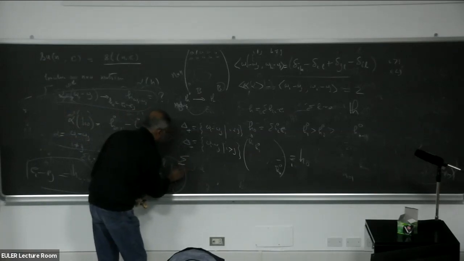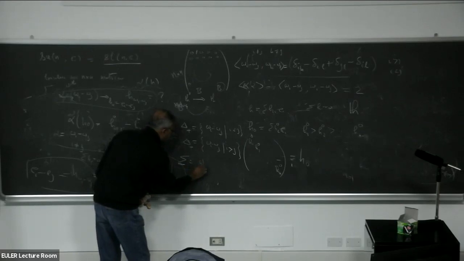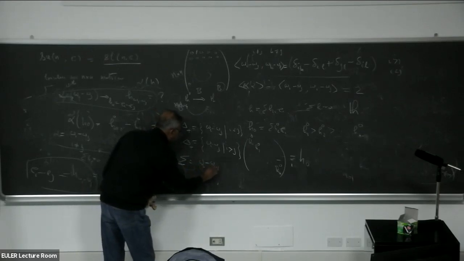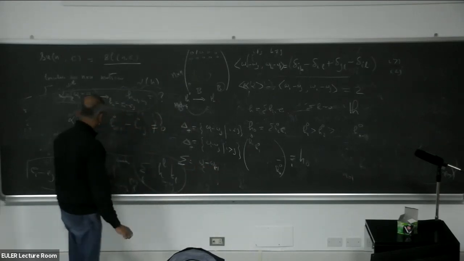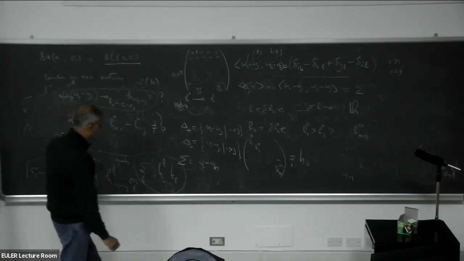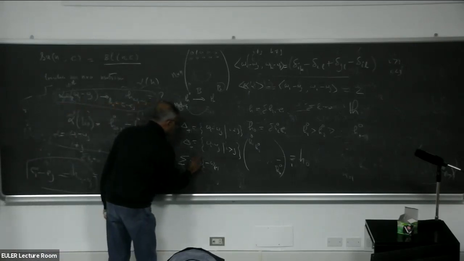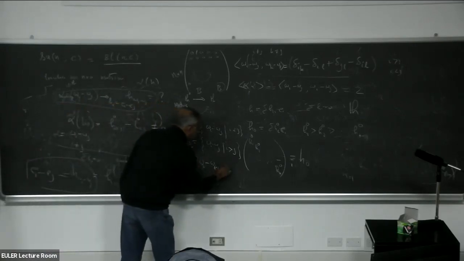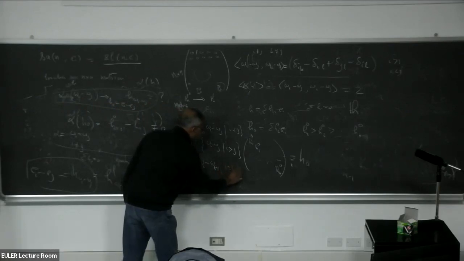Sigma, the simple roots, is nothing else but omega_i minus omega_{i+1} for i going from 1 up to n minus 1.